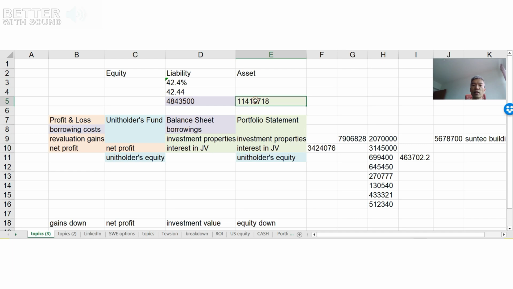So how can Suntec REIT reach the limit even faster? Either the numerator, which is the amount of borrowings, increases, or the denominator, which is the valuation of the individual property, starts to shrink.